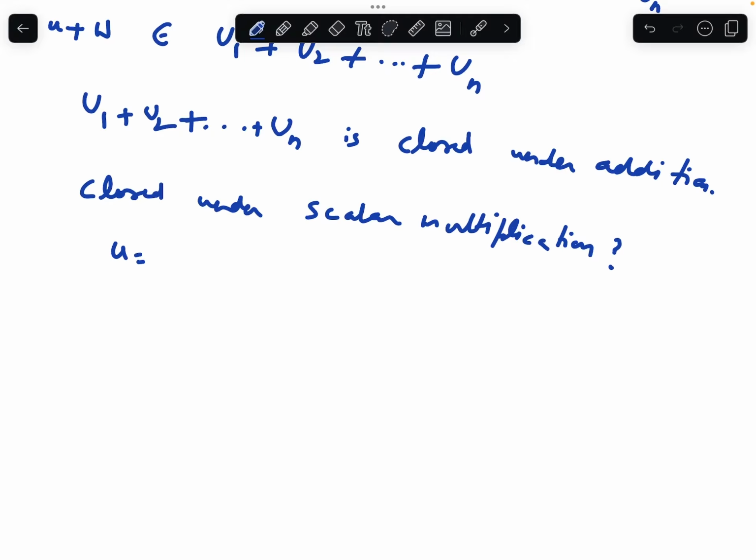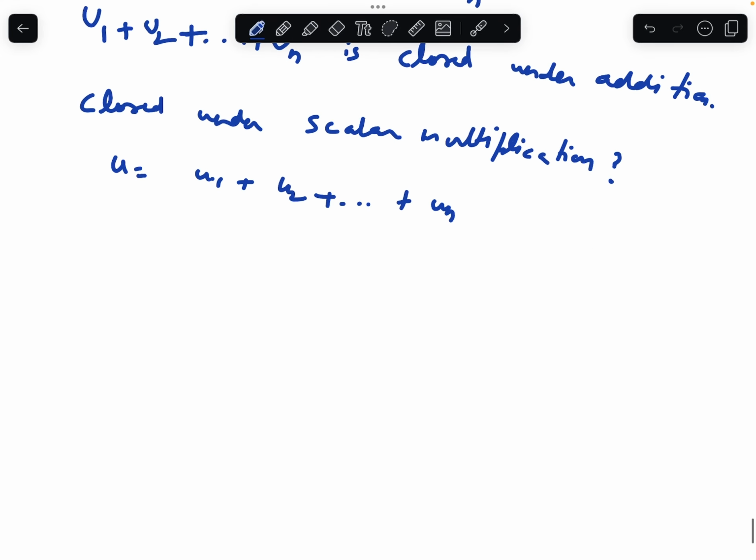So u is equal to u1 plus u2 plus dot dot dot plus un. Take a scalar lambda from k, then lambda u is equal to lambda u1 plus lambda u2 plus dot dot dot plus lambda un.